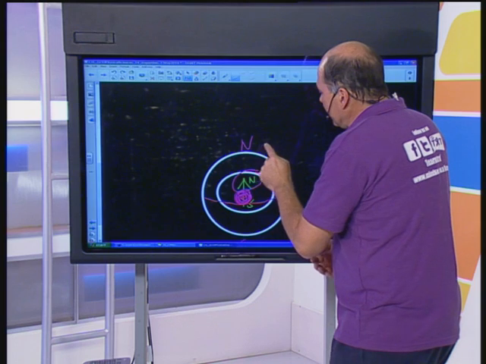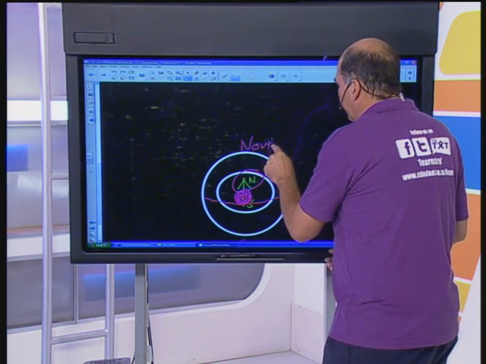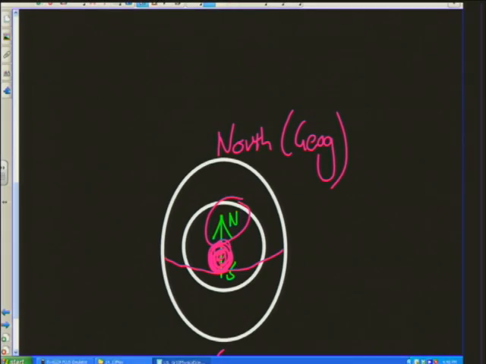And this is where it becomes confusing. What you need to recognize is that even though we call this north geographic, and I'm just going to put it geographic like that, in fact, the nature of this magnetic pole that sits a little bit to the side is actually the nature of a South Pole. It's a South Pole magnet.